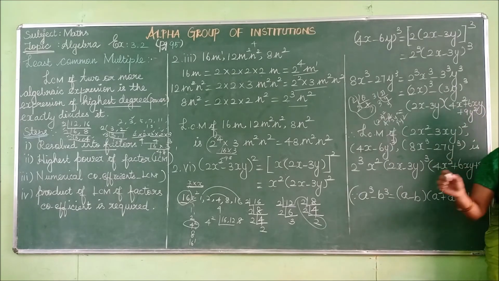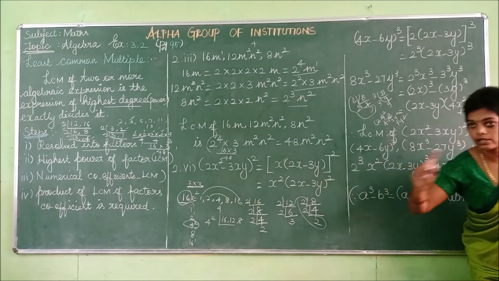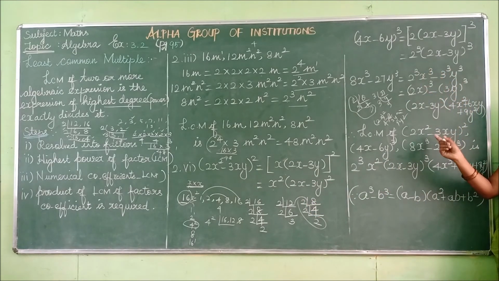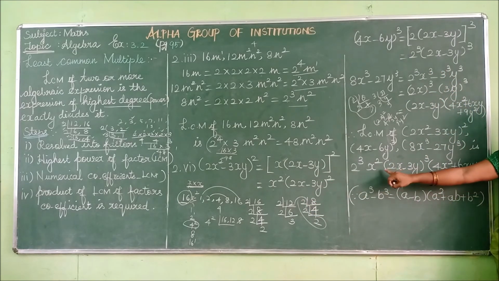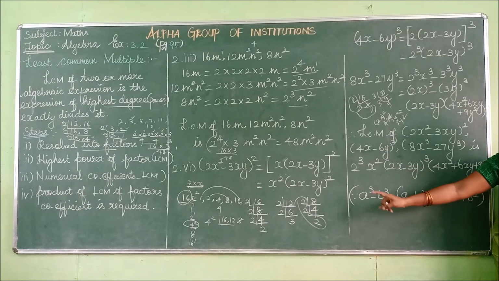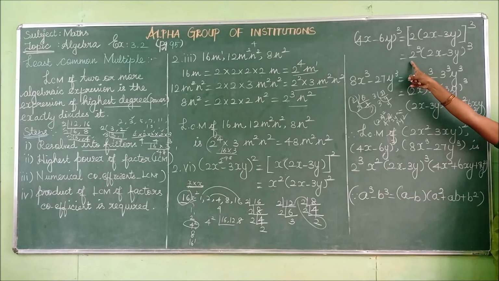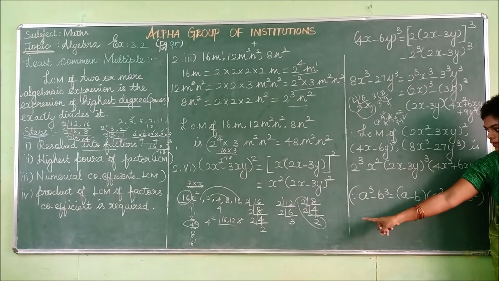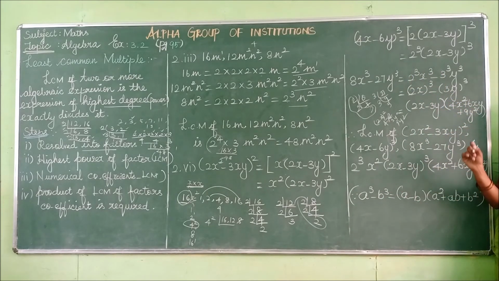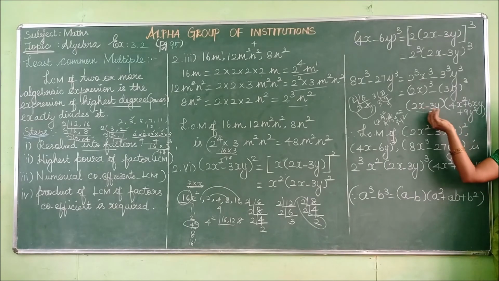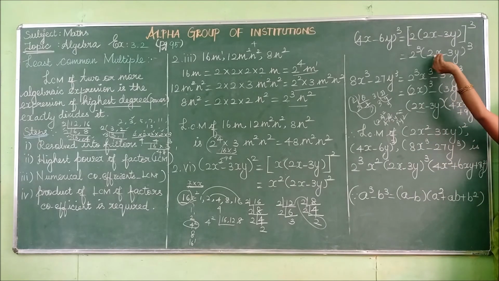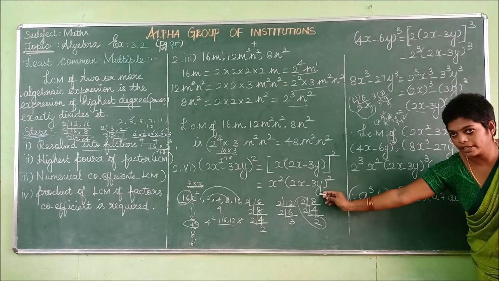Then look at the common values. x squared is only one term, no other x squared, so you can write that x squared first. Also the only numerical value is 2 power 3, so you can write that also. Then what are the terms? Here also 2x minus 3y.